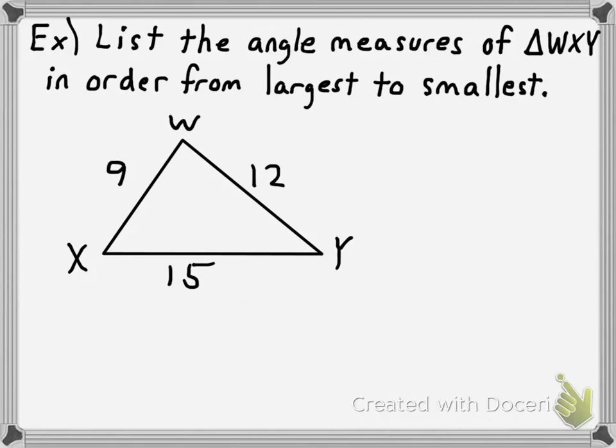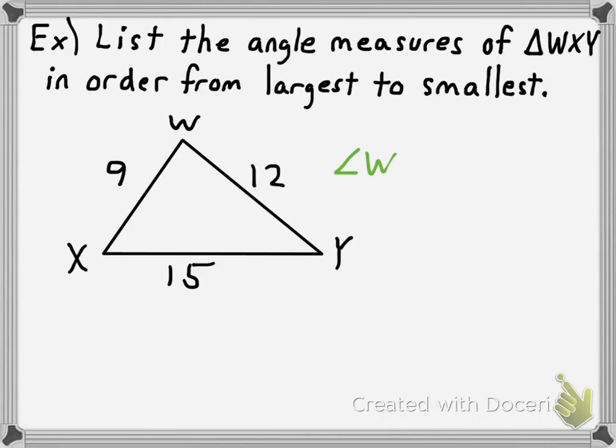This time I want you to list the angle measures of triangle WXY in order from largest to smallest. So always pay attention to the order there, that can change. Largest angle to the smallest angle. And so what we're doing is we're knowing that the largest angle is going to have to be across from the longest side. And you can see the longest side is 15. So the largest angle directly across from that, that's angle W. We don't know how many degrees angle W is.